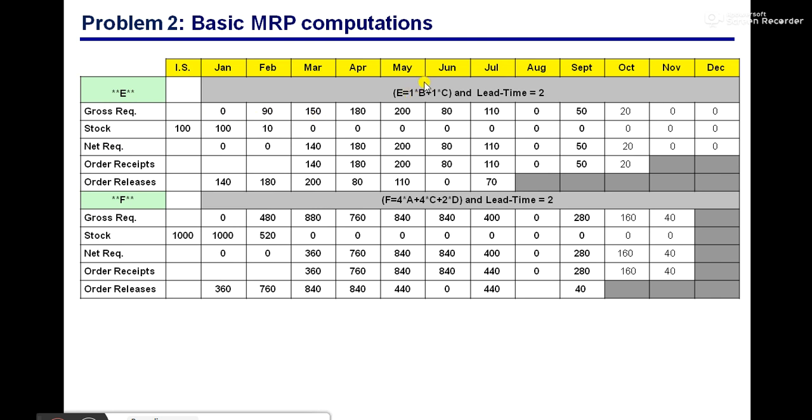We need 1 unit of E to make 1 unit of B, and 1 unit of E to make 1 unit of C. So the gross requirement is equal to 1 times the product order releases of B plus the order releases for C. Same thing for stock, nothing new here. Net requirement, it's the same logic we followed the last time.